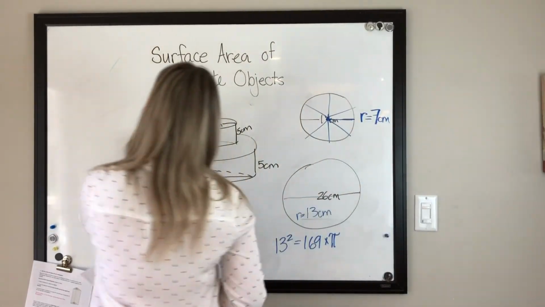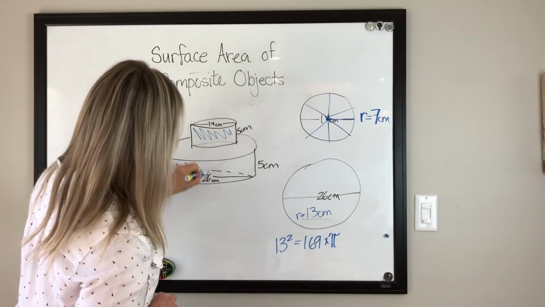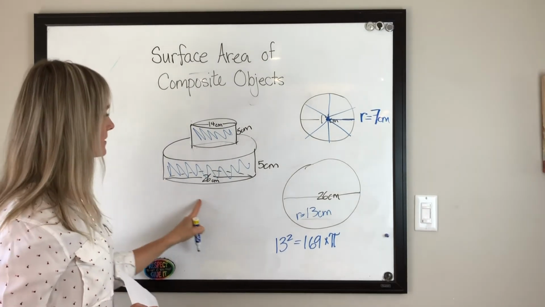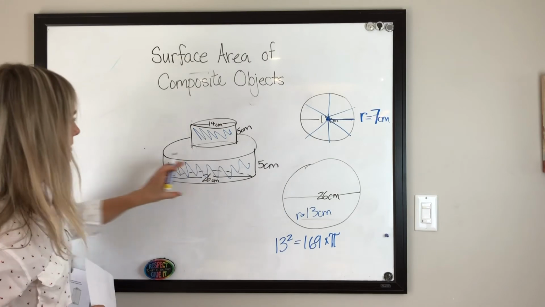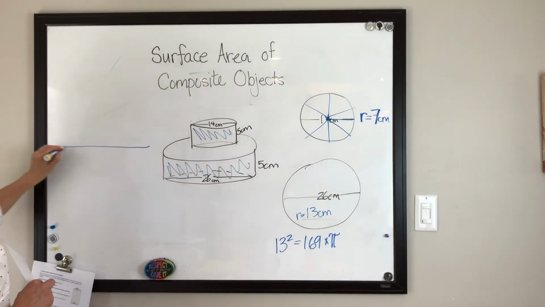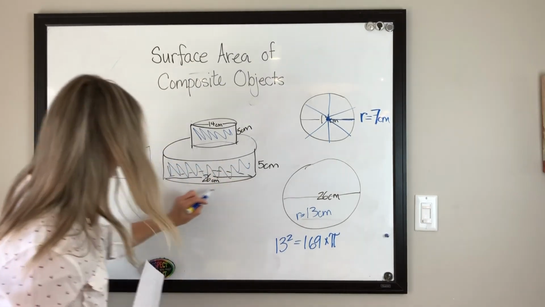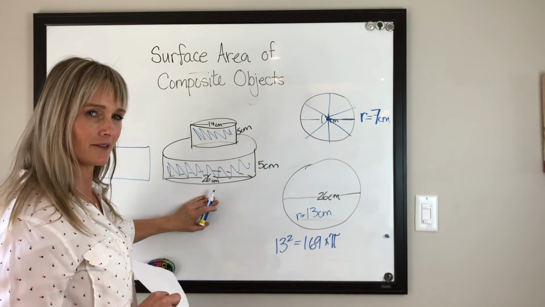We also need to know this wrap and this wrap. So what is this wrap? Well, this is going to be the circumference. That'll be the length once we take this part out and we lengthen it all the way into one long rectangle. This is the circumference. So how do we find circumference again of a circle?